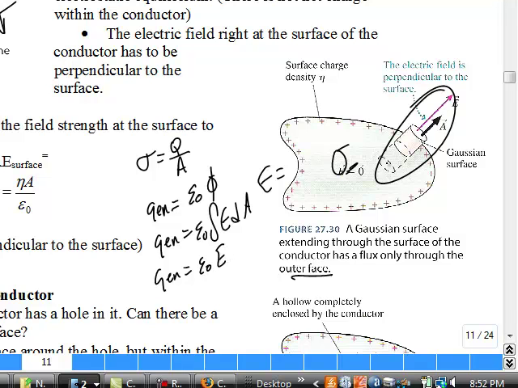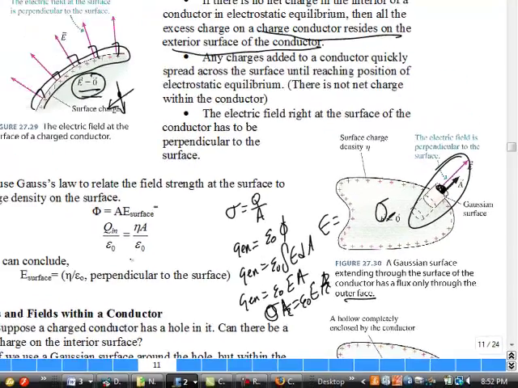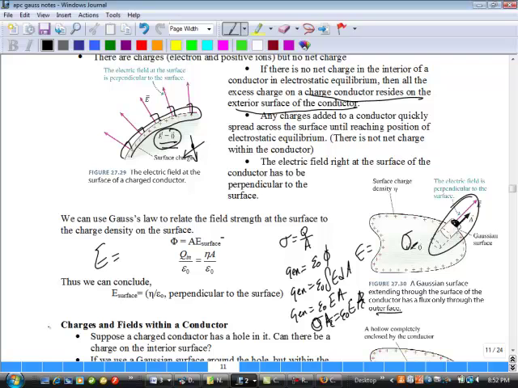My area here is just going to be the area of that surface of that cylinder that I'm going to use. My Q enclosed is sigma A equals epsilon naught E A. So these cancel, and that electric field is going to equal sigma over epsilon naught, which is what that says right there.